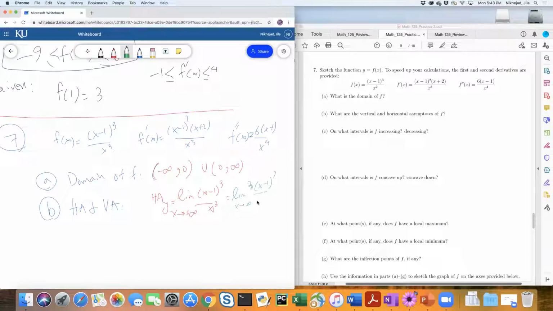Okay, so I did one L'Hopital. Is it still infinity over infinity? Yep. Okay, let's do one more L'Hopital. Simplify. Now 2x minus 1 over 2x. Can I do one more L'Hopital because it's still infinity over infinity? Totally.